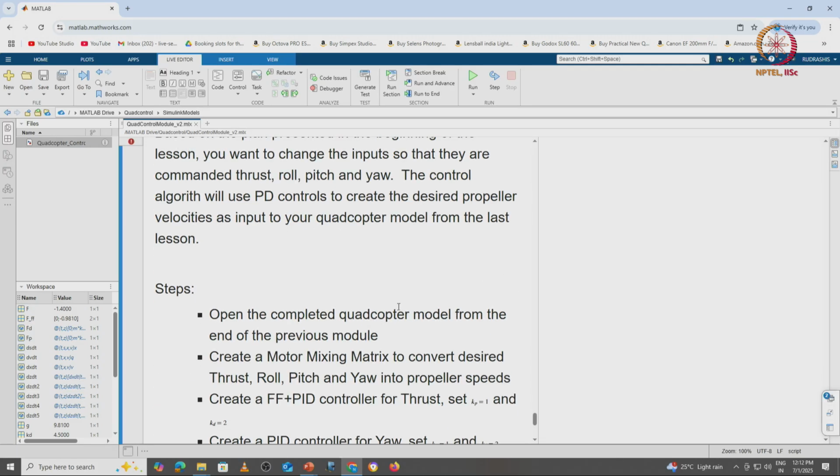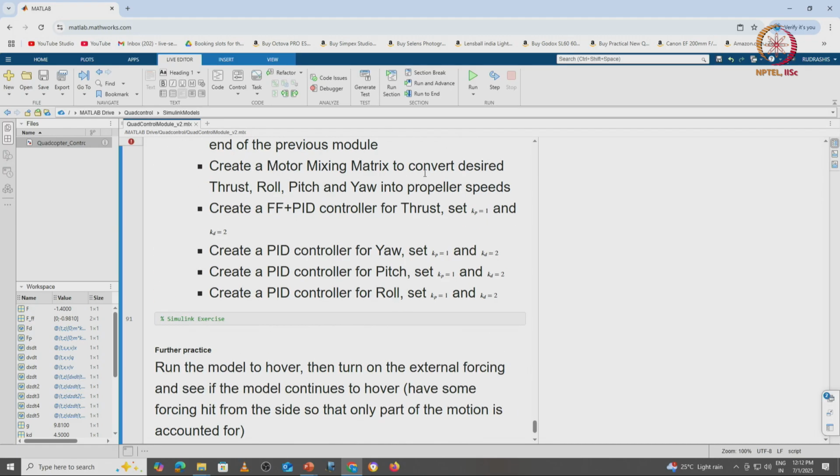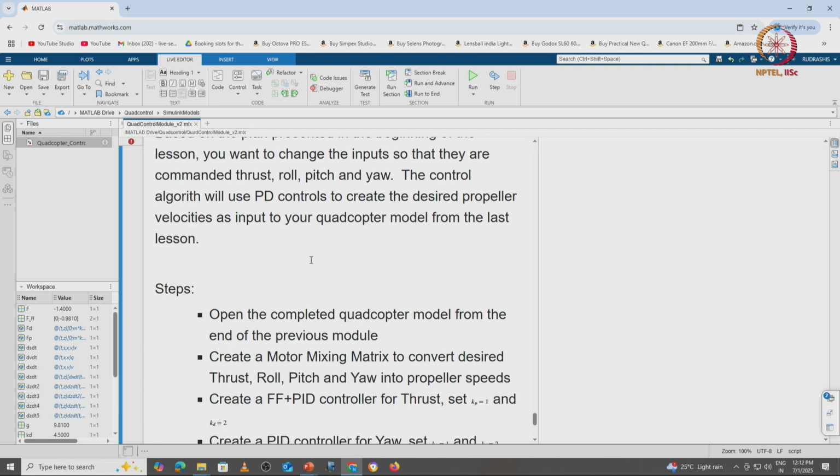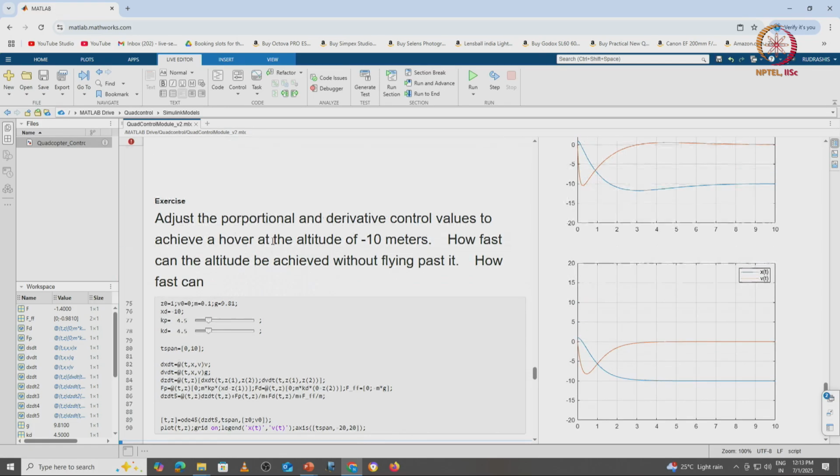So I take the quadcopter model, I create the mixing matrix, I get my feed forward control and PID for the thrust, I create yaw and pitch, and I get this whole thing. What I have done here is show you an individual subsystem and how you can tune your gains. For example, here I showed you by putting in a forward control gain and a PD gain how you can tweak the response and get the best response that you want.